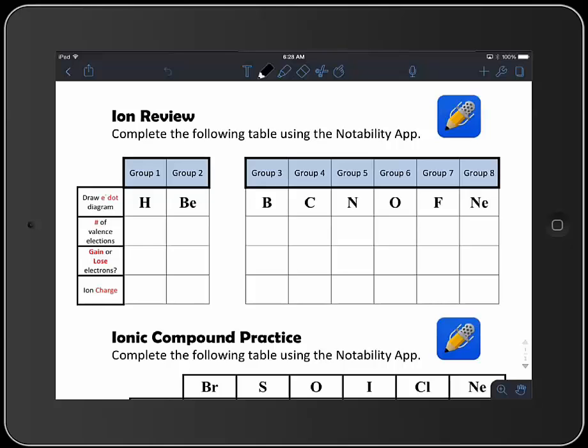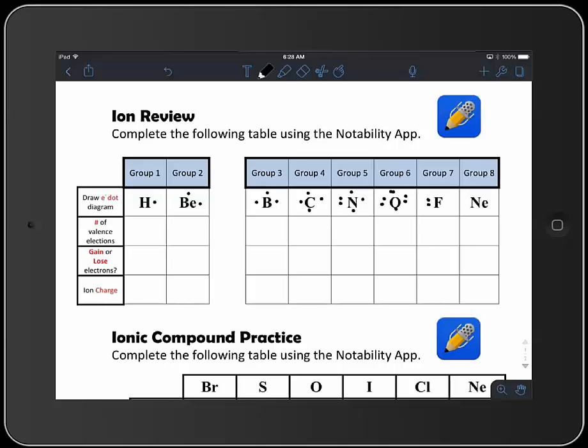If you can remember, group 1 has 1 dot for its electron dot diagram. Group 2 has 2. Group 3 has 3. Group 4 has 4. Then 5, 6, 7.